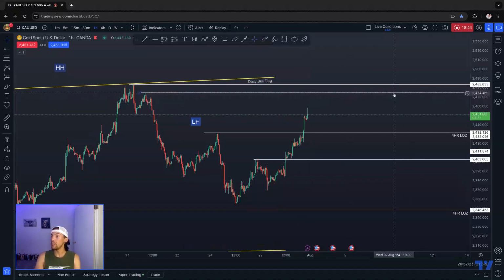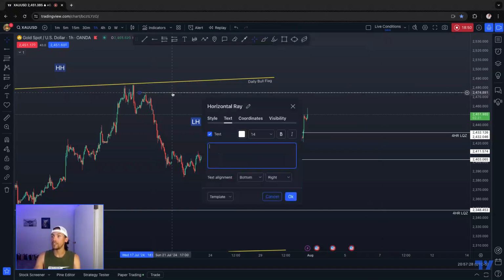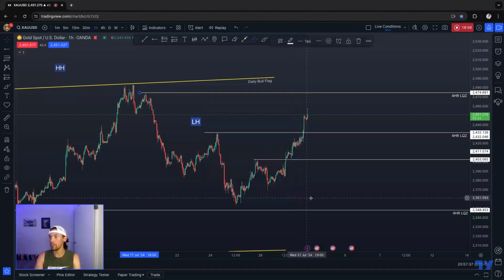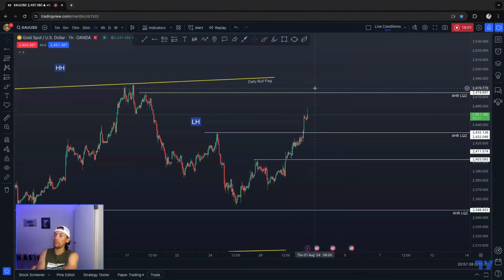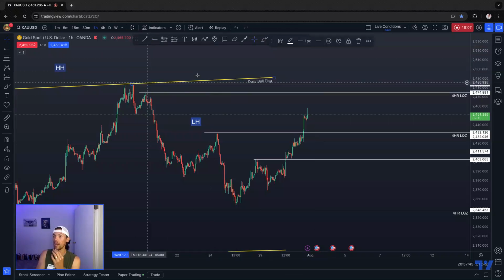But this is going to be the area that I'm paying attention to just because of the liquidity in this. And this is going to be our 4-hour liquidity zone. So I want to see a break above this. And then a clear break above this guy right here would be the extra confirmation.